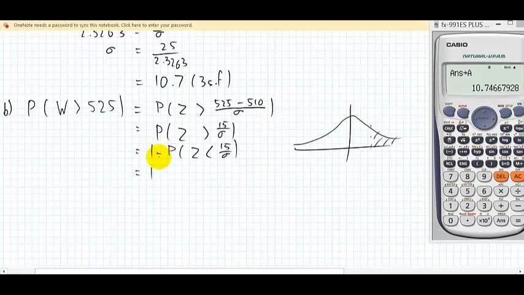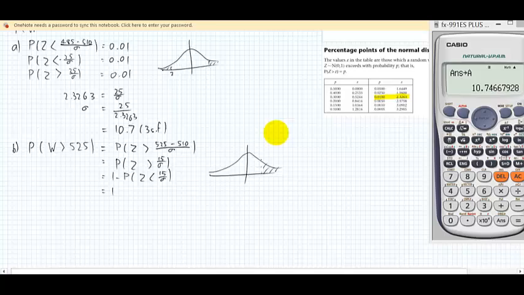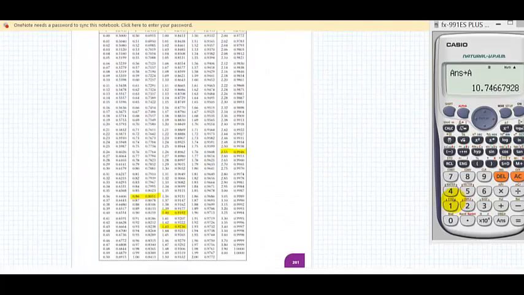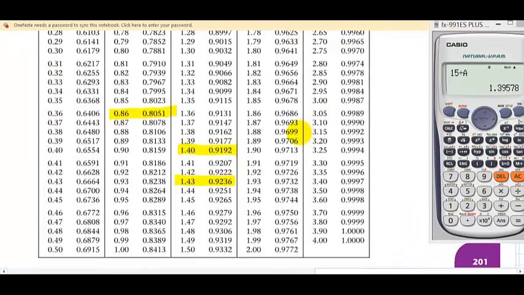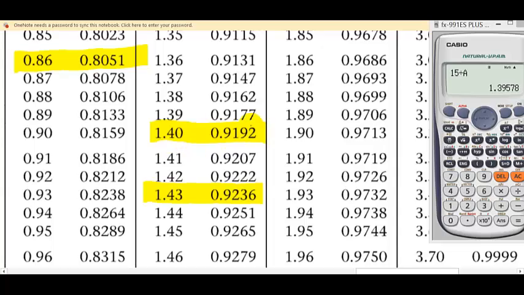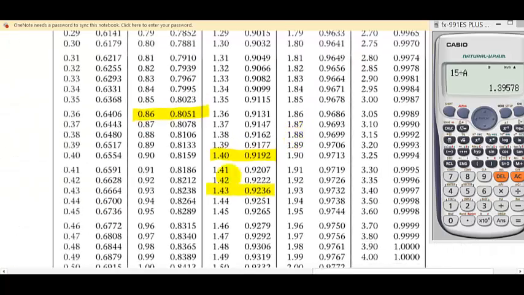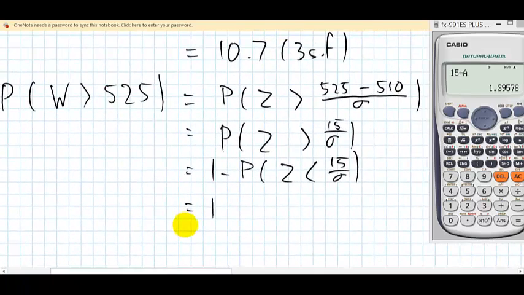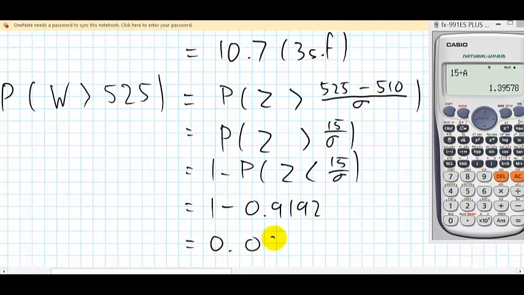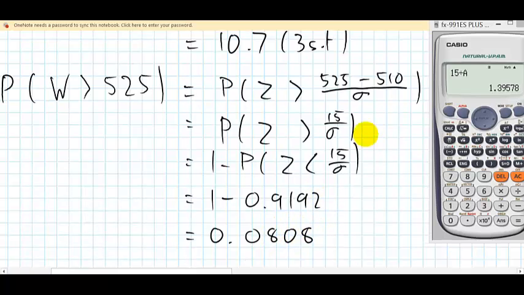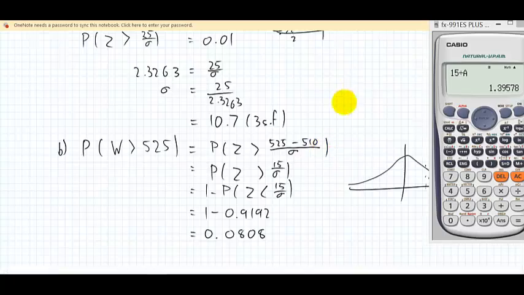And then finally we can look this up on the table. 15 over sigma is equal to 1.40 to 2 decimal places. So the value we want is 0.9192. 1 minus 0.9192 is equal to 0.0808, and this is the probability.